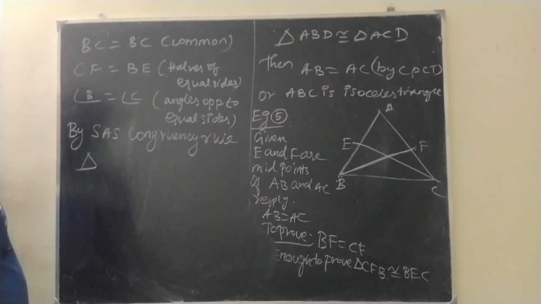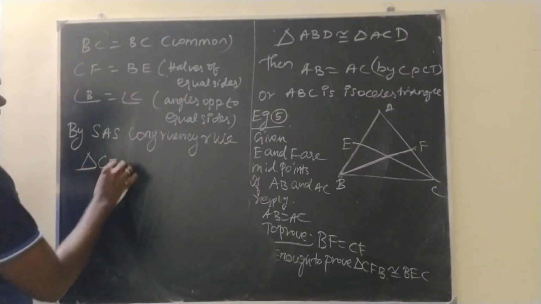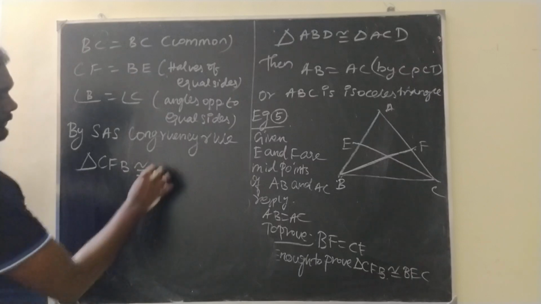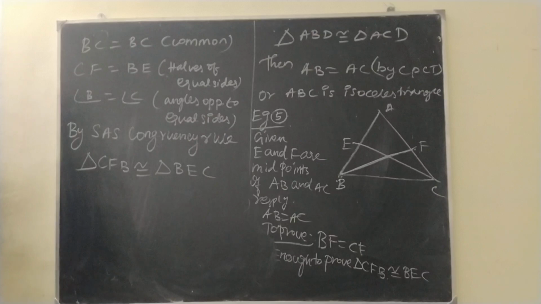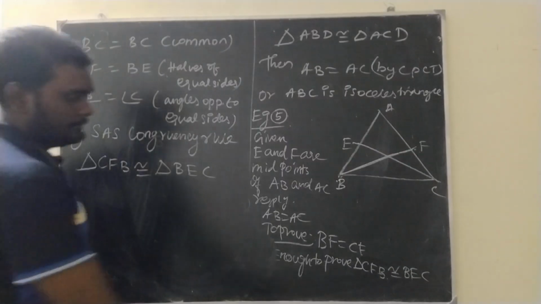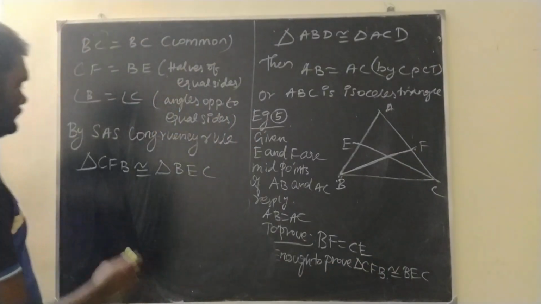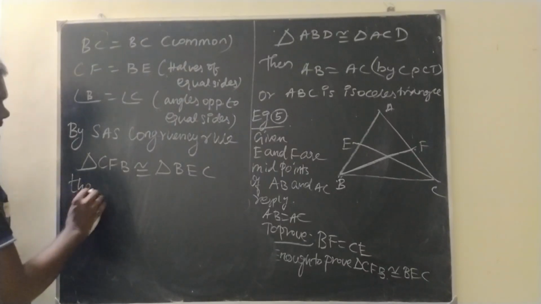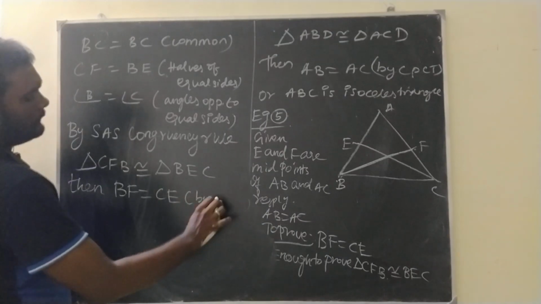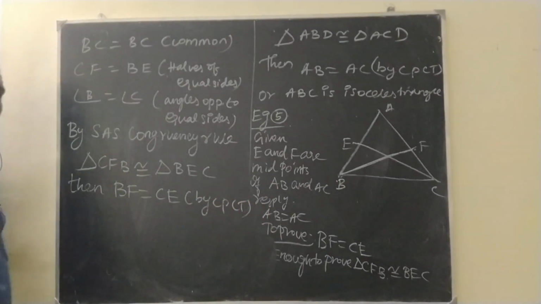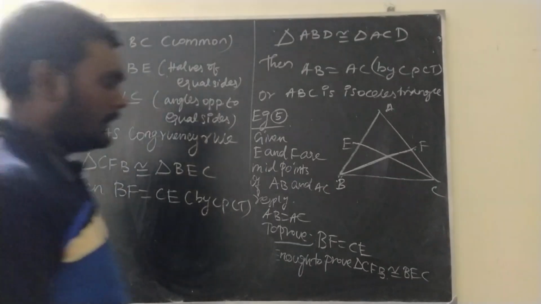You can say triangle CFB is congruent to triangle BEC, and that makes BF equal to CE by CPCT. That is all. Also, when you see the same proof in your book, is it the same or different?